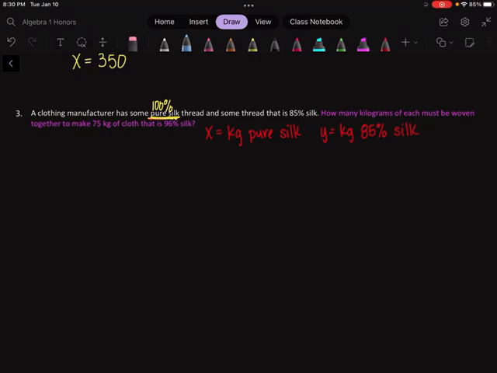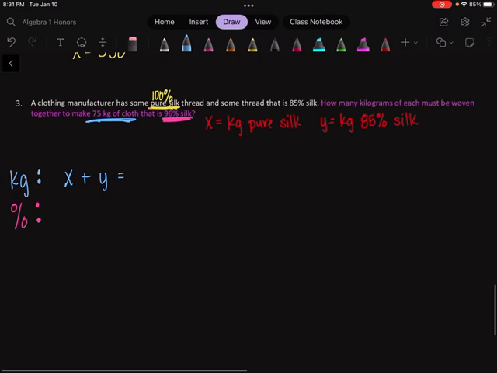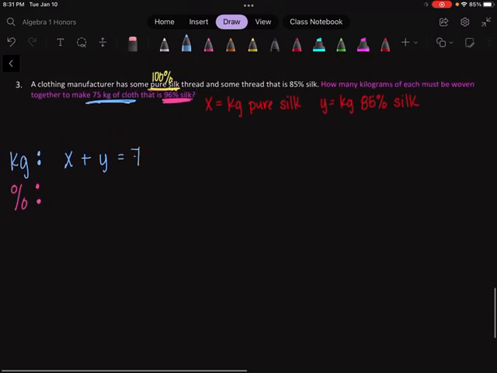So 75 kilograms, we are talking about the kilograms for one of our equations, and then 96% silk, so we're going to be talking about the percentage in another equation. So if we want to add the two, the pure and the 85 together, we want a total of 75 kilograms. So we want x plus y is equal to 75.